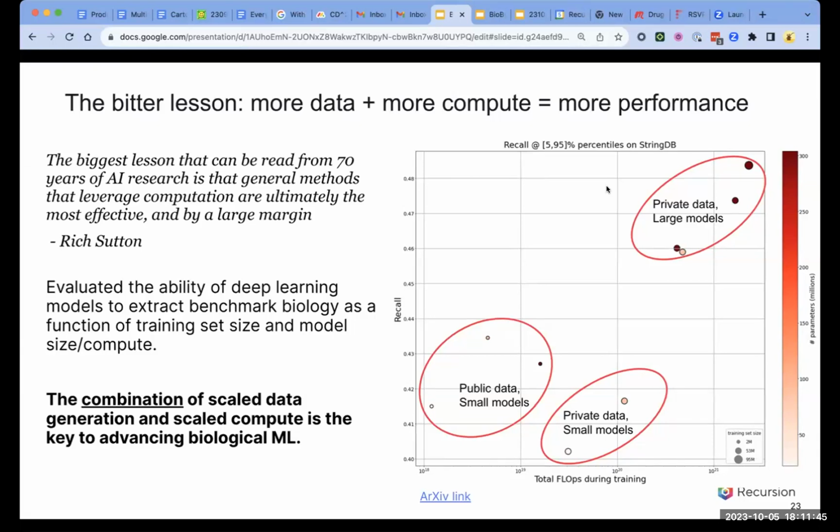This is from an arXiv paper that we put forward for a recent conference that shows that if you use public data and small models, you get the lower left corner there. If you use our private data set on small models, you get moderate recall as well. But you get the big gains in recall when you start upping the level of models. And so for this reason, we need to bring together both the pharma perspectives to know what it is that we're trying to find, and the AI perspectives and compute resources in order to build these big models.